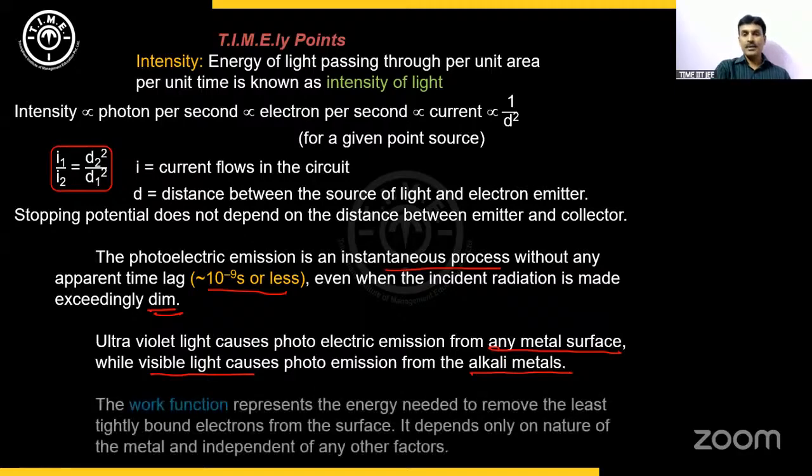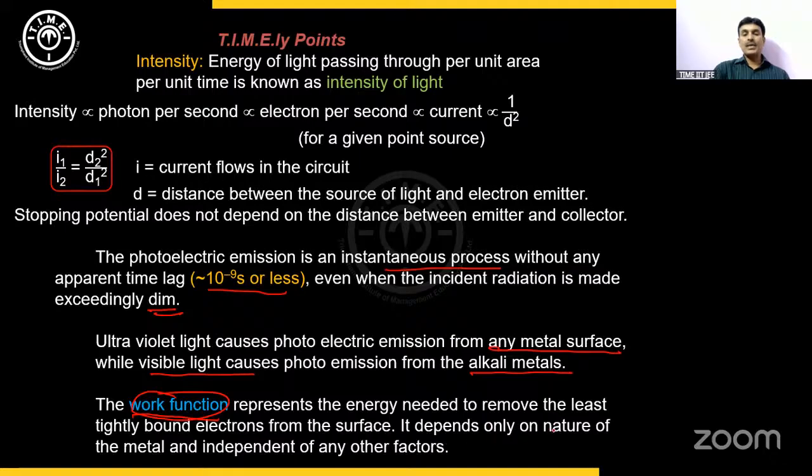Understood? Now, once again recalling work function. Work function is the minimum energy needed to remove the least tightly bound electrons. Least tightly bound electrons require least energy. That least energy is known as work function. So the work function represents the energy needed to remove the least tightly bound electrons from the surface.